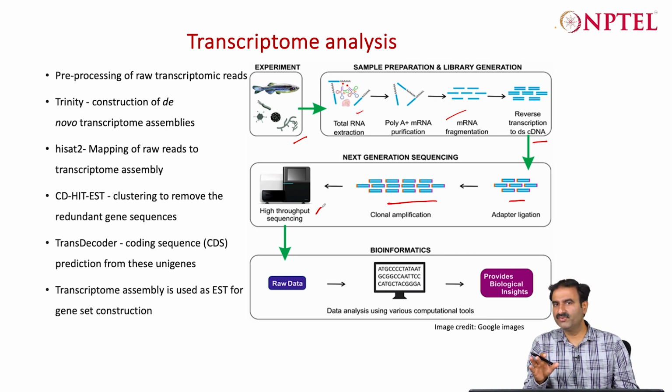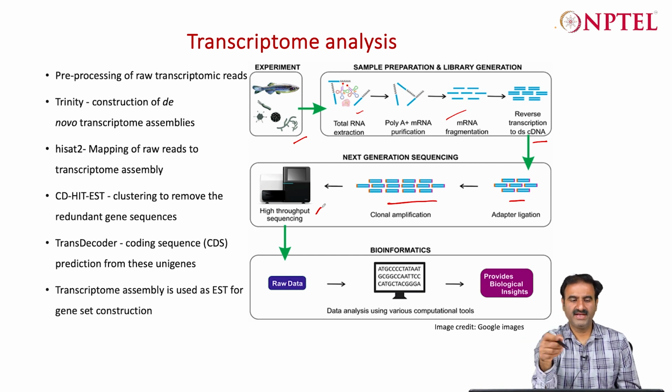Even with 5 GB you can do something, but we have seen that when there is a sufficient amount of RNA data, the quality of the reconstructed transcripts and the information that we get about the genes was better, and that also helps in sequencing.